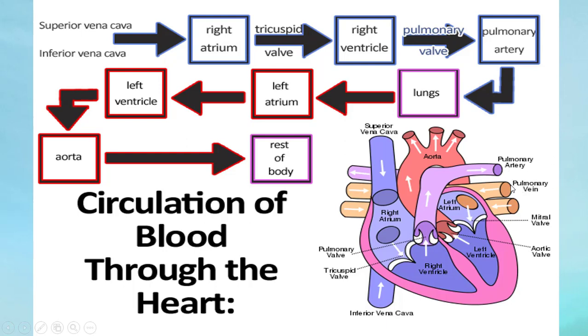From the lungs, 4 pulmonary veins open at the left atrium carrying oxygenated blood, and from the left atrium this blood enters the left ventricle through the mitral valve, and from the left ventricle it enters the aorta, and from the aorta to all over the body parts. It is the main circulation of the blood through the heart.